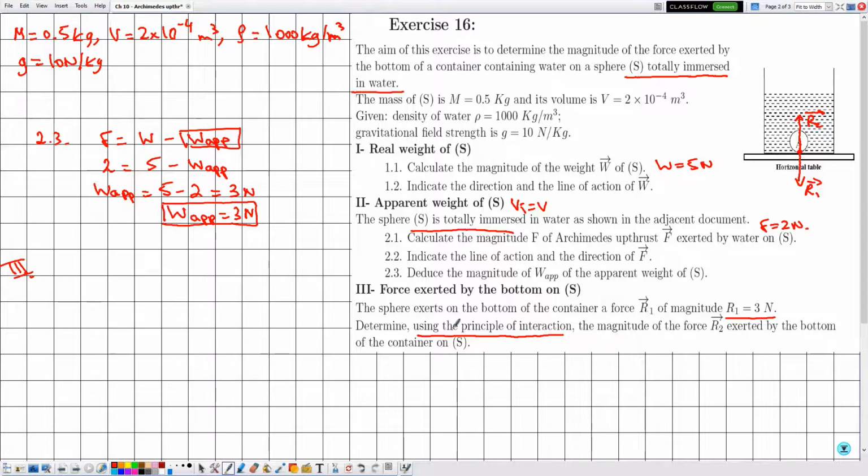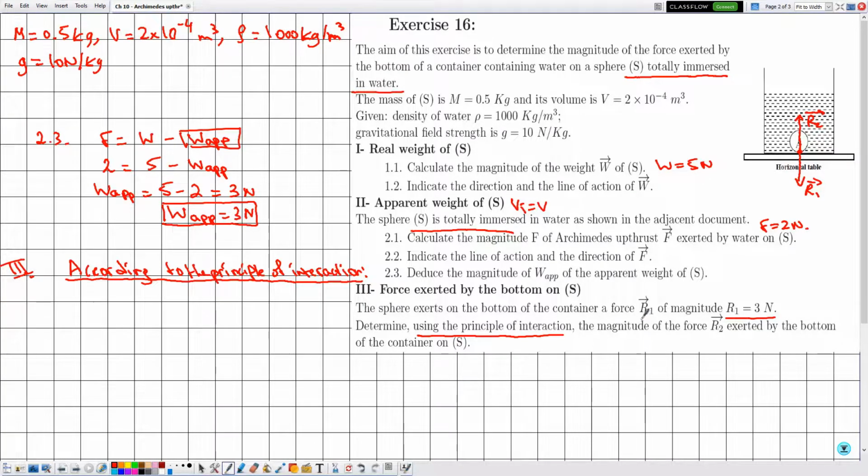So let's write as a title, according to the principle of interaction. Then how do we apply this principle? Always on the left we write one of the forces.